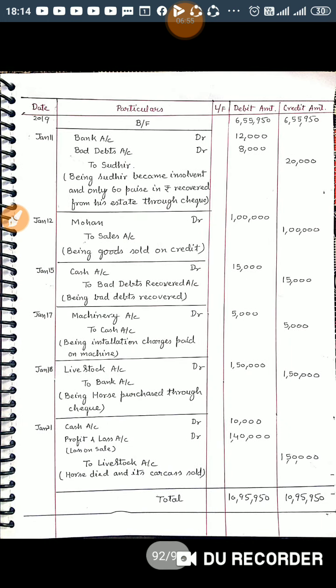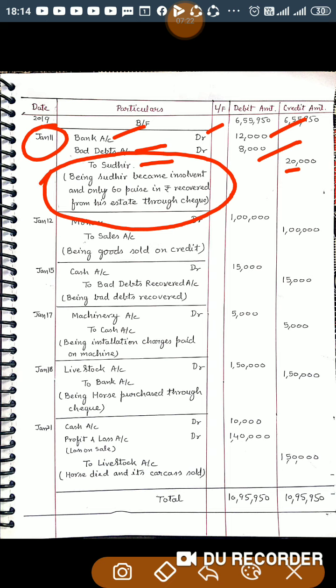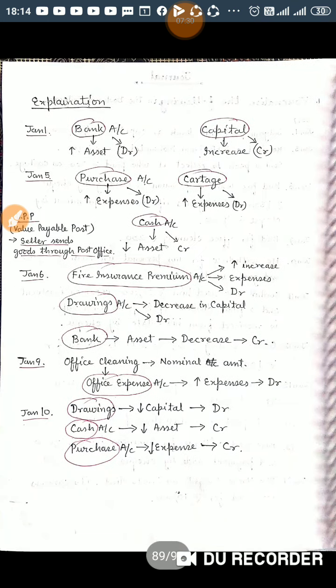Now the journal entry will be: we will write first the date January 11, bank account debited with 12,000, 60% of the 20,000. Bad debt, which is irrecoverable, should be debited with 8,000. Sudhir is a giver of loss as well as payment, so he should be credited with 20,000. And the narration will be: being Sudhir became insolvent and only 60 paise in a rupee recovered from his estate through check. Now I'm taking the next one.